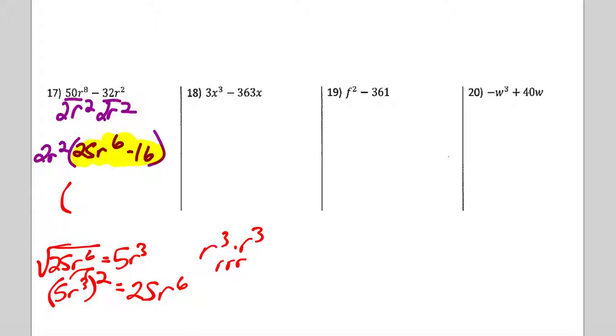You've got 3 r's times 3 r's, that's r to the 6th. So long story short, 5r to the 3rd is the square root of that first term. Then we're going to have minus 4 and plus 4, or vice versa. Don't forget your GCF.